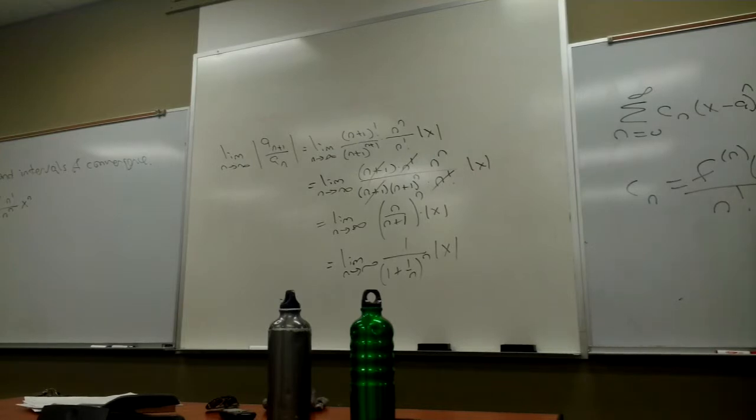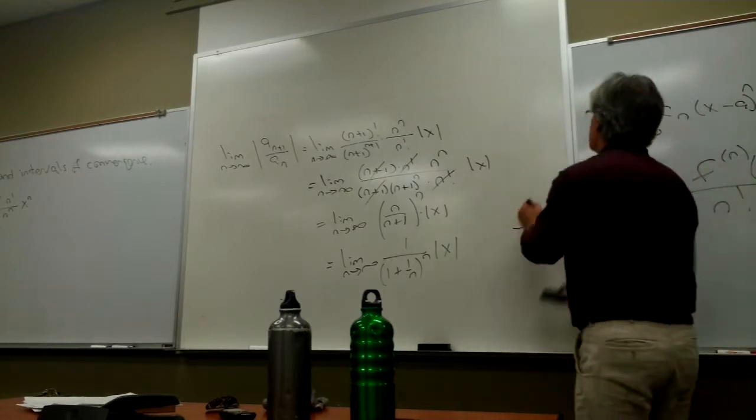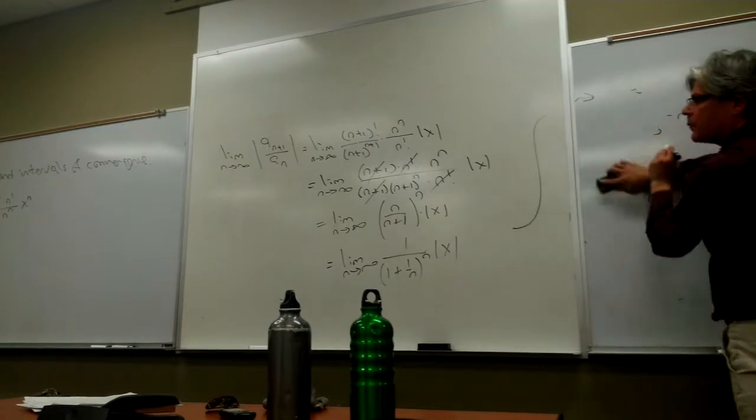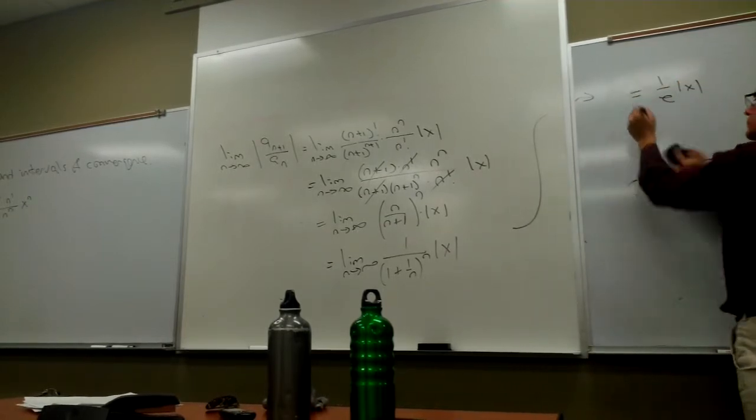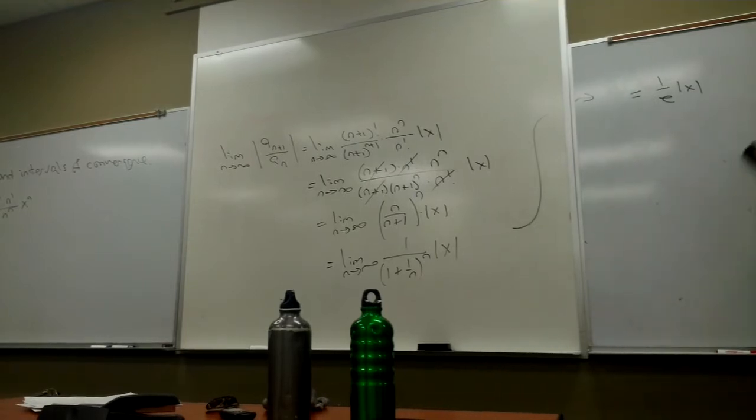By definition of e, yes, I agree that you can rewrite this as being equal to nothing more than 1 over e times the absolute value of x. Do you guys agree? Oh, wait a minute. I thought I was using the ratio test. The ratio test says I only have convergence if my ratio is less than 1. I'll set it less than 1 to determine the values of x for which I have convergence.